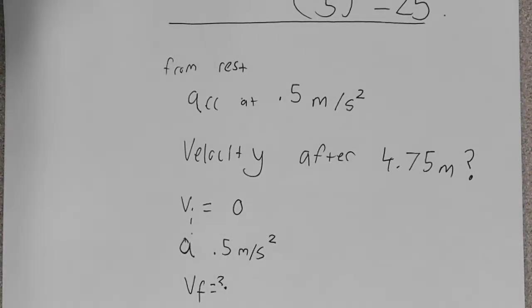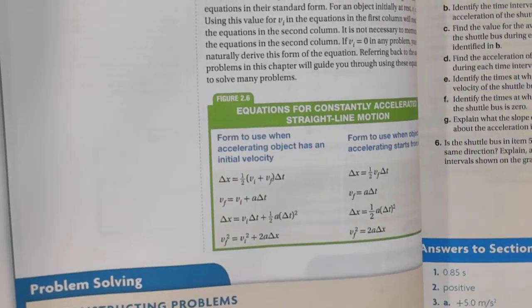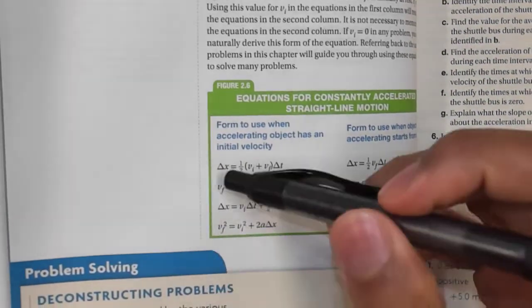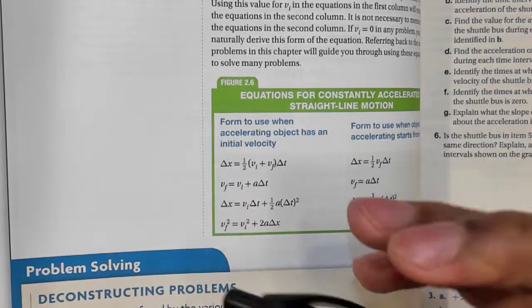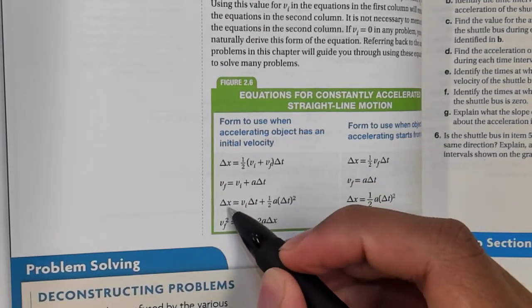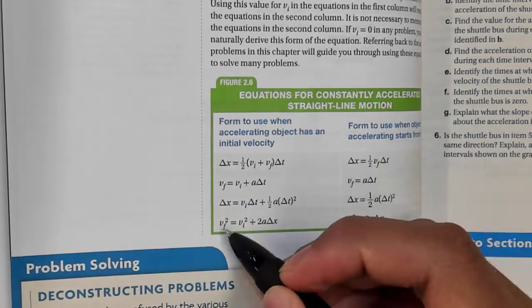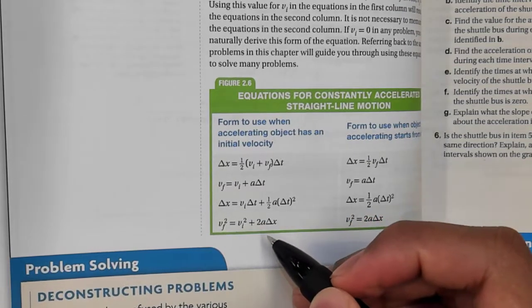So let's take a moment and look at some of our equations. These are the 4 equations that I mentioned. Delta x, so displacement, this is a displacement formula. This is a formula to find final velocity. Now we have another displacement formula, and then finally another final velocity equation.